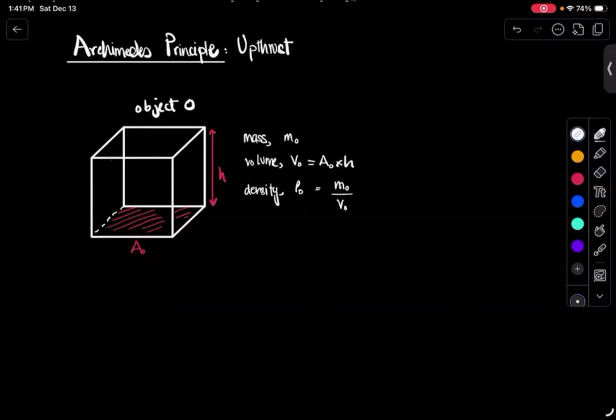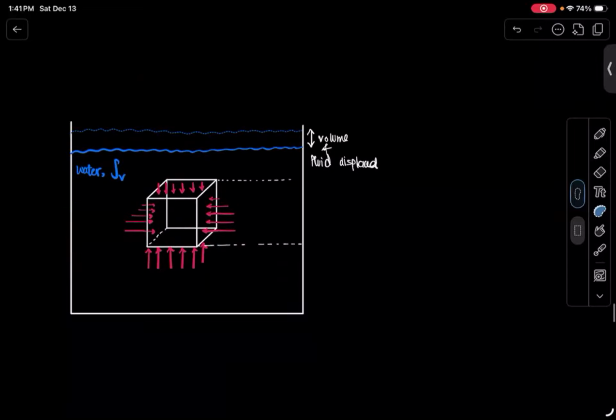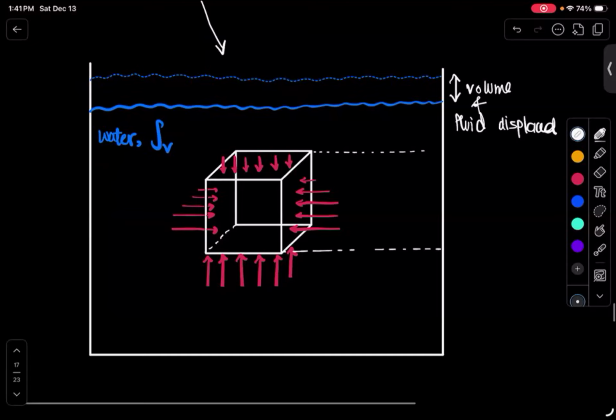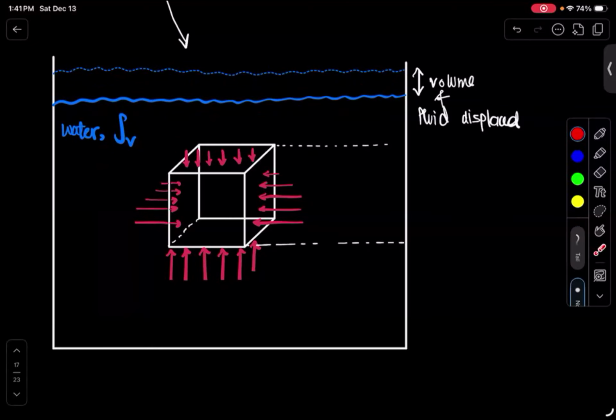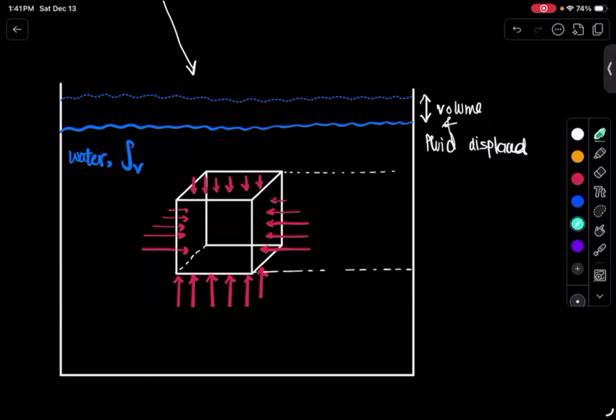Okay. Now, if you take the fluid, if you submerge that into the fluid. Now, when you submerged it, there is only one thing that is going to happen. Because you submerged this block into water, forget the arrows and stuff, there is going to be a volume of fluid displaced, right?